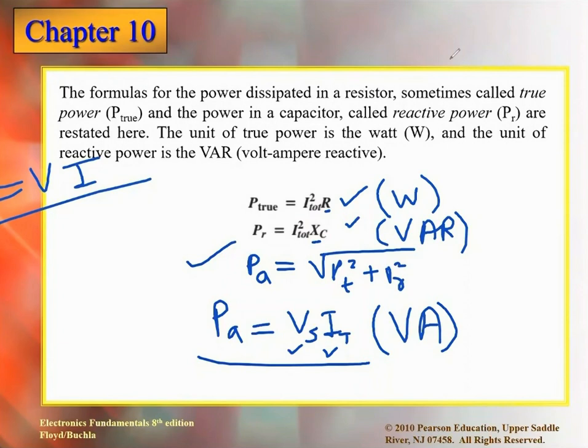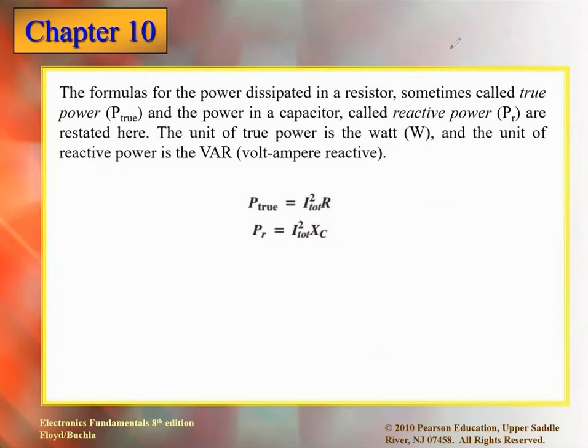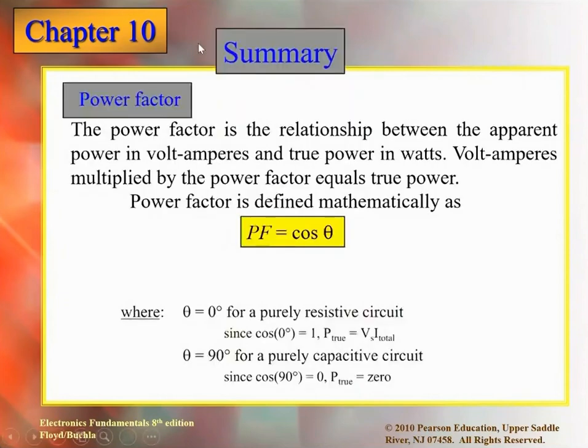See the next slide. The next thing is power factor. What is a power factor? Power factor is a relation between apparent power, which is in volt amperes, and true power in watts.